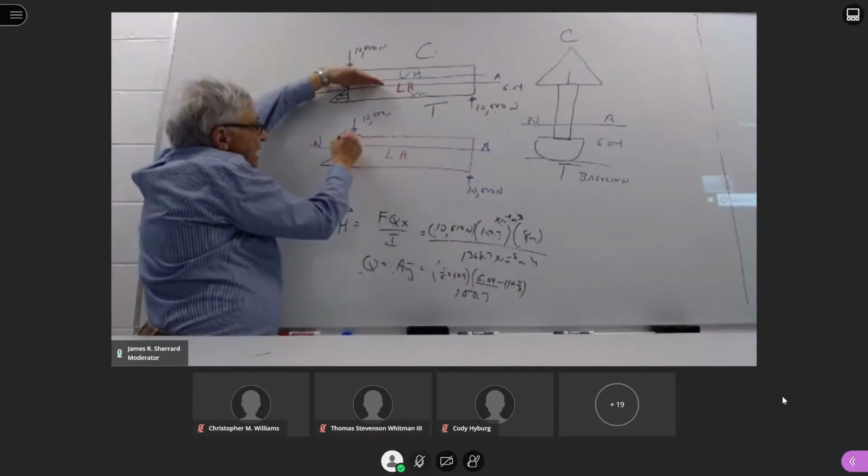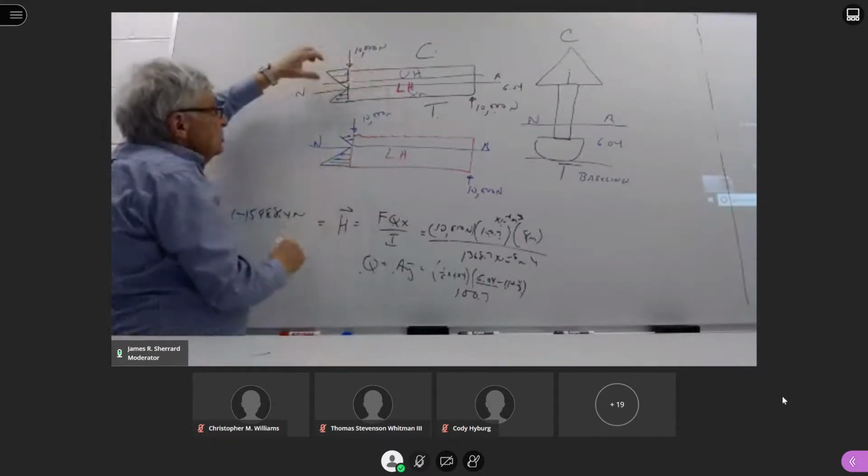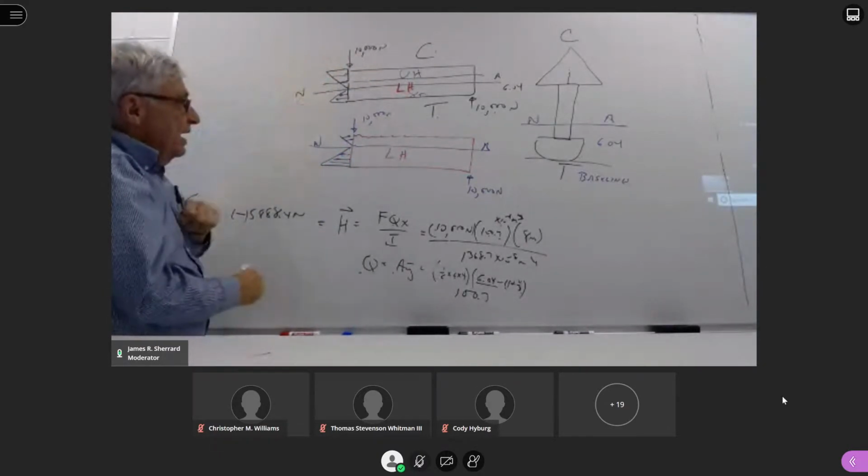So I have a little bit up here that's acting in that direction. The majority of it is down here acting in this direction, because again, I've just cut it here and taken this down.